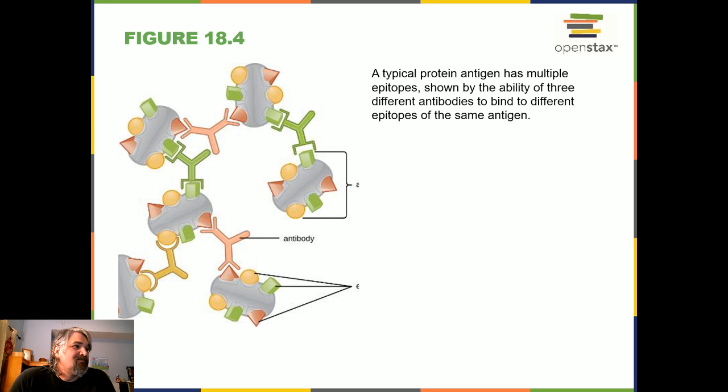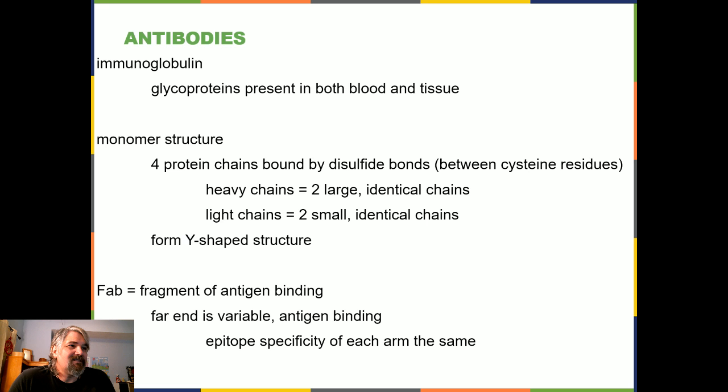All right, so the typical protein antigen has multiple epitopes, and that's what we're showing here. There's an antibody that's binding to a couple of different antigens, and this is leveraged in a particular immune response that I will tell you about in a few minutes. So about the antibodies themselves, immunoglobulin.